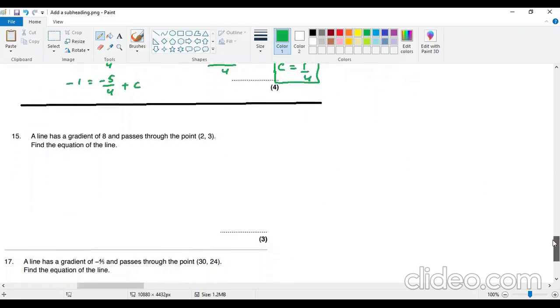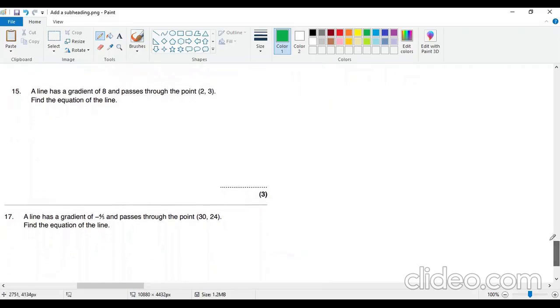Moving on to the next. Here it says a line has a gradient of 8 and passes through the point (2, 3). Find the equation of the line. So y equals, the gradient is given, 8x plus c. Now we substitute the values: x is equal to 2 and y equals 3.